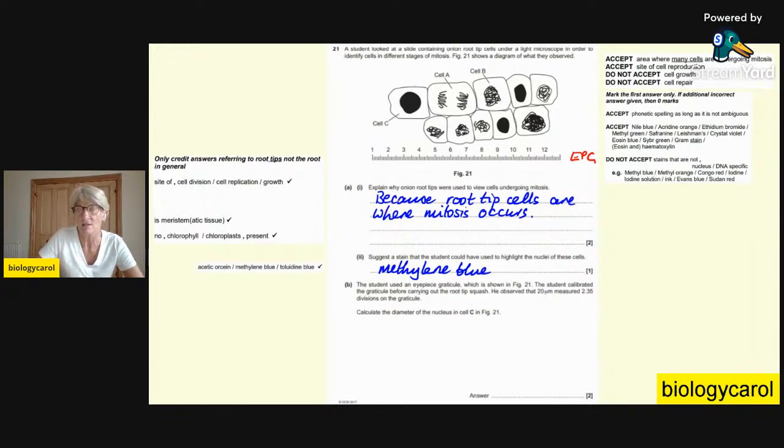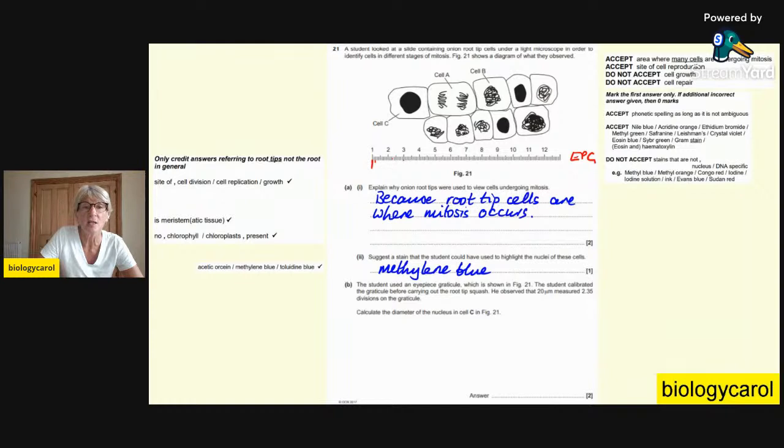That can't be between here and 2.35. There's no way you could measure 2.35 on this scale. The only thing that could be 2.35 divisions on this graticule is going from here.